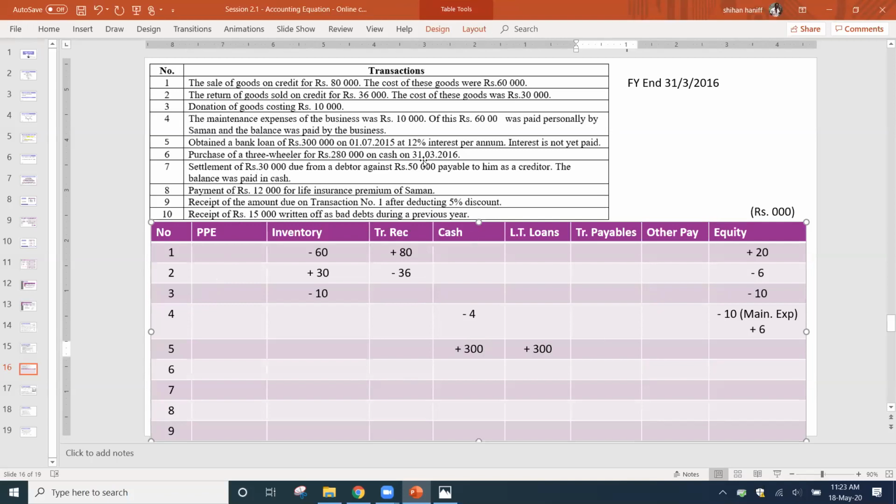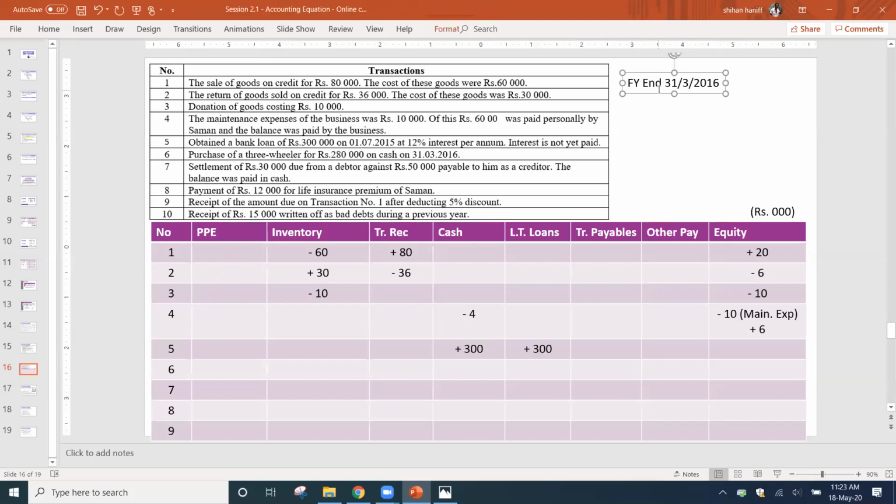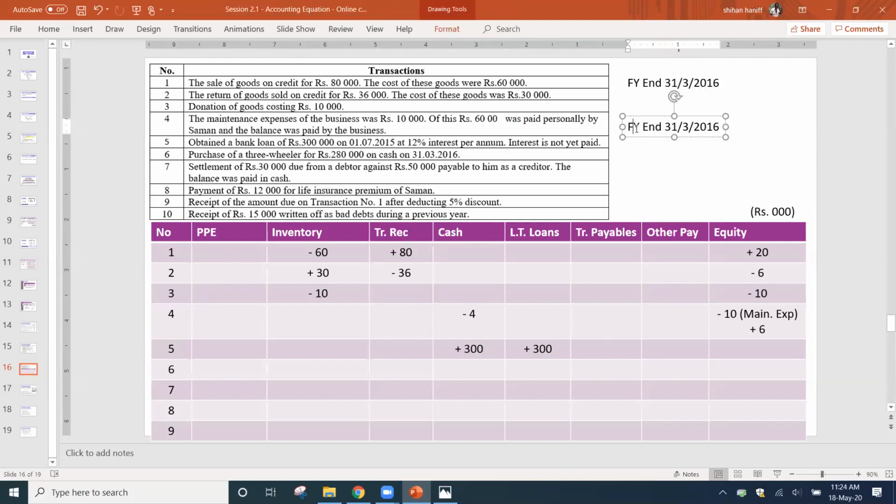Then we need to calculate the interest. How do you calculate the interest? So bank loan interest equals 300,000 into 12% into number of months. So this was taken on 1st of July. 1st of July to 31st March 16.